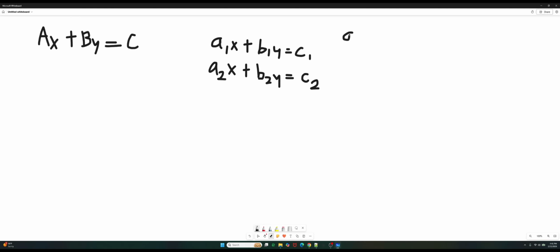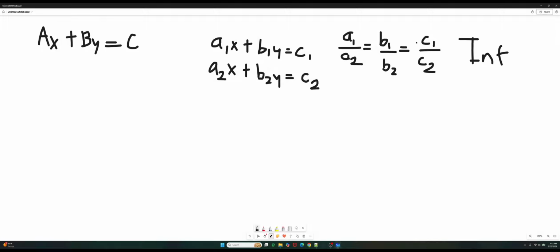So if we have the ratio of A, so we divide A1 by A2, if that equals the ratio of B, and it also equals the ratio of C, then we could say that the system has infinite solutions.